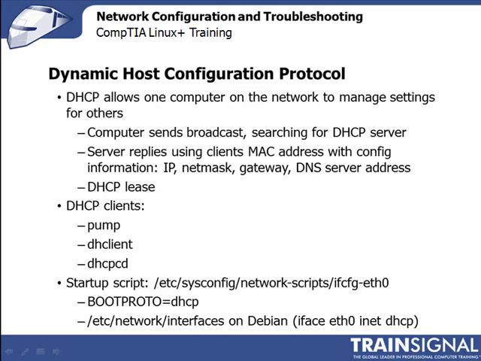The server takes an open IP address and assigns it to the host for a set period of time. This is known as a DHCP lease. And when the lease expires, or when the system shuts down, the IP address is released so that it can be reassigned when needed. Now there are three popular DHCP clients, and they include Pump, dhclient, and dhcpcd.